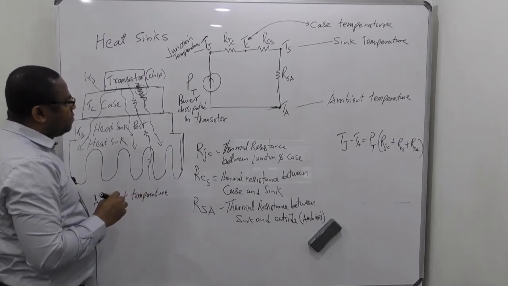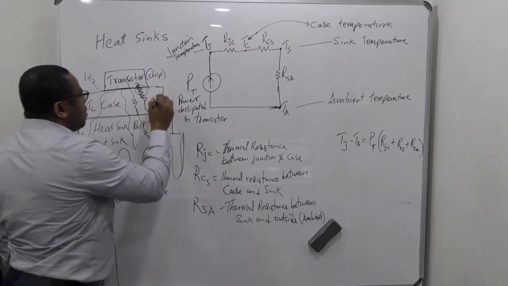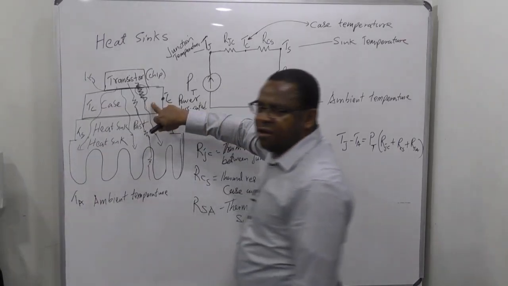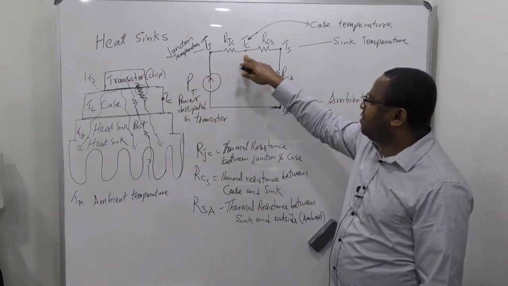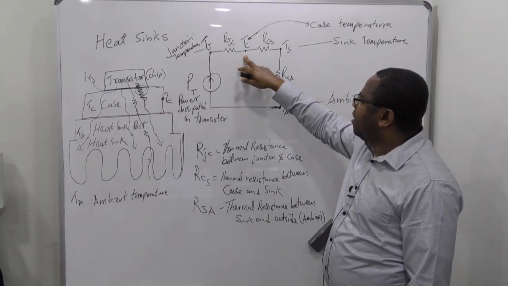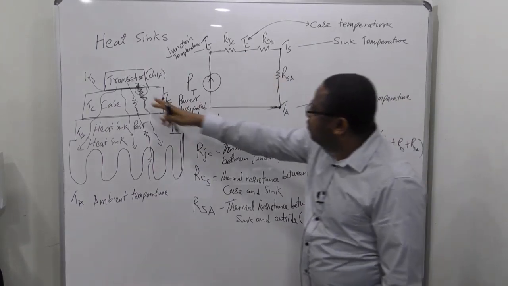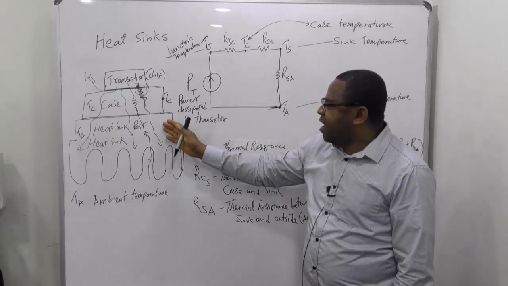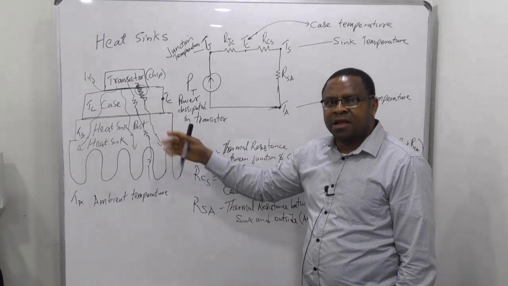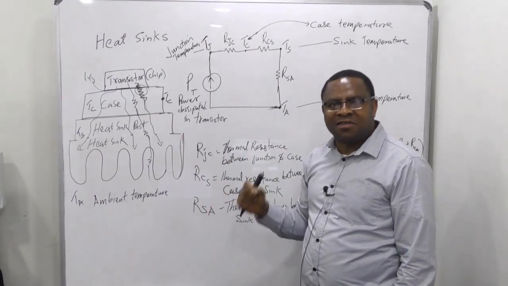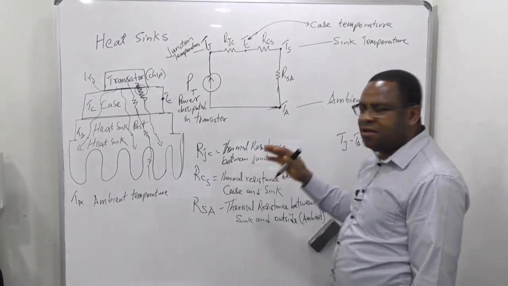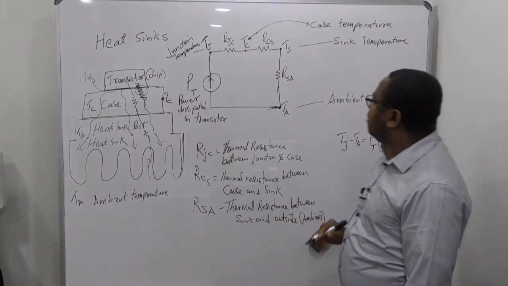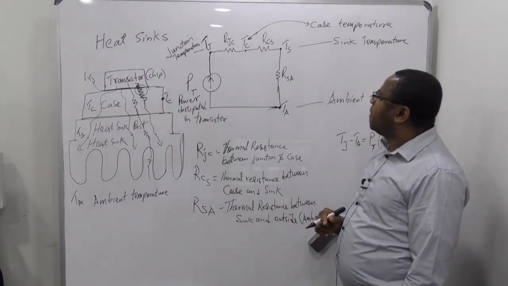Now, if I now measure the temperature at the case, right inside, you touch the case, you are going to feel something. That's the temperature, TC. Okay? And then as the heat continues to flow, it crosses and gets into the sink. All right? The sink, because of the material of the sink, it might still hinder or try to resist the flow of that heat being dissipated. So there will be a resistance between the case and the heat sink. All right?